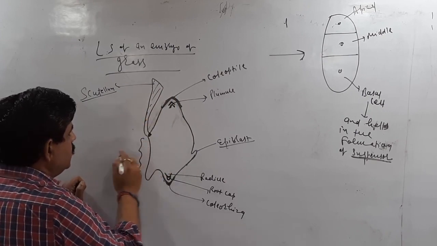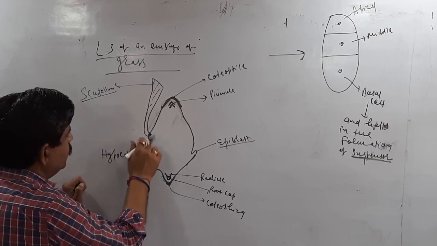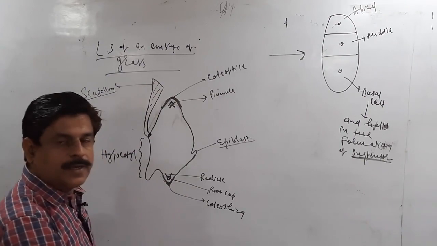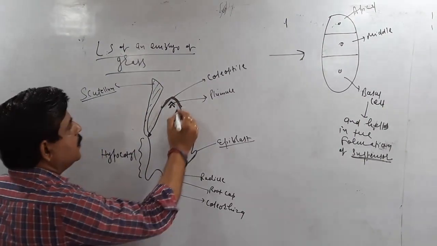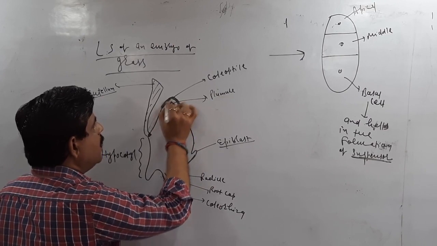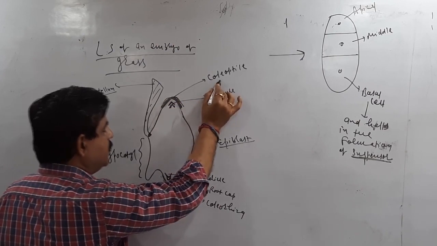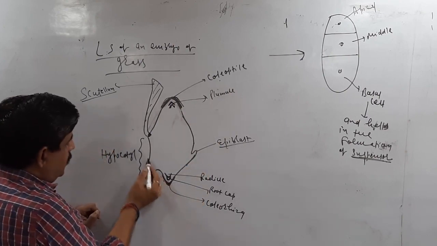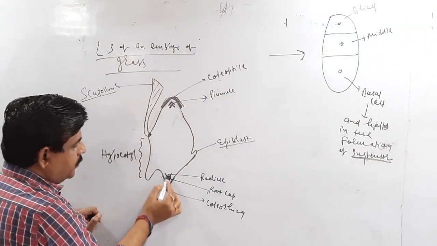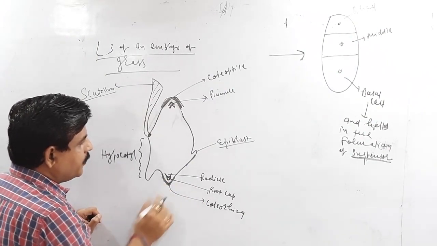Below the cotyledonary node is the hypocotyl. Above it is the epicotyl. This one is the plumule, leaf primordia, and is covered by coleoptile. This one is the radicle. This is root cap. This one is protected by the coleorhiza.